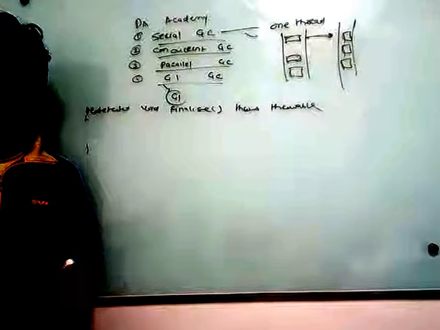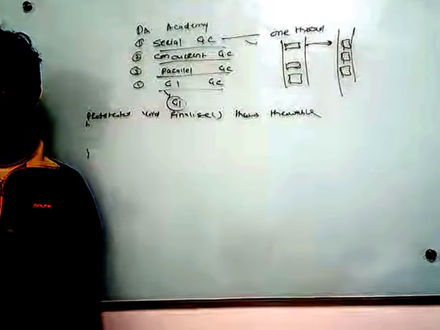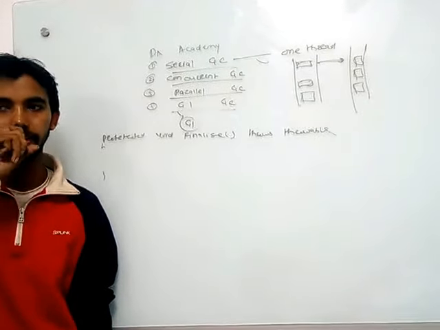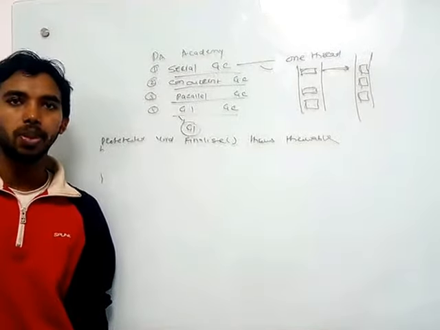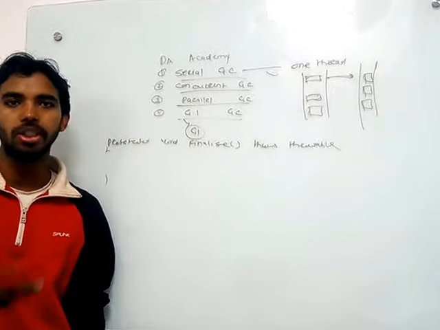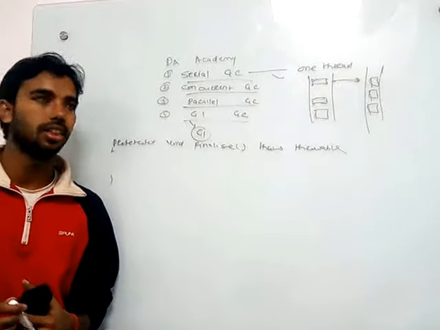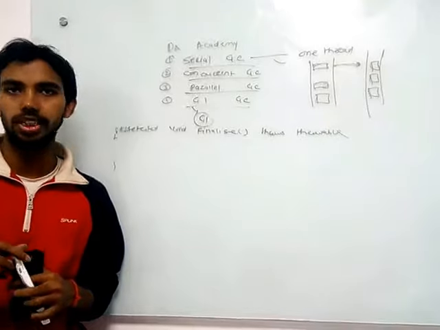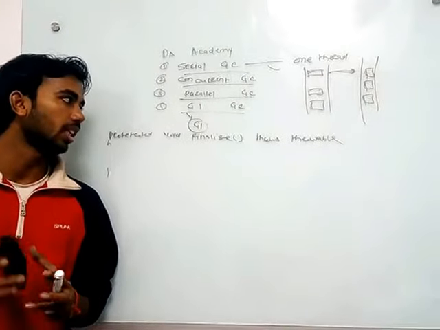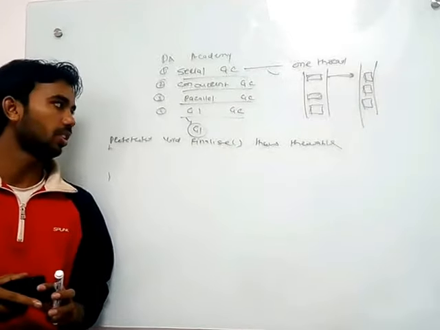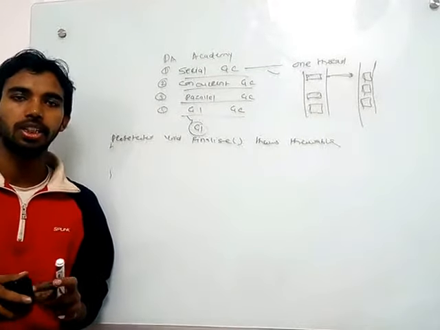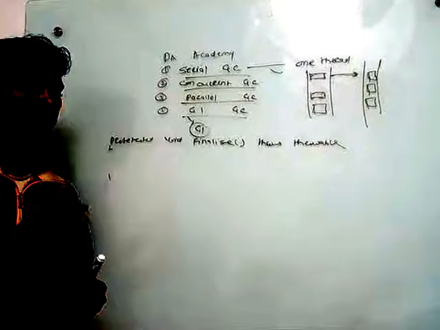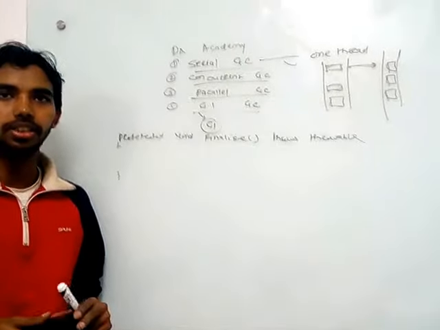Before our objects get garbage collected, we call the finalize method. In the finalize method, if you want to do some operation before that object is collected by the garbage collector, we do it in finalize. One tricky thing is that finalize can be called only once on that object. If garbage collection runs a second time and the finalize method was already called on that object, it will not be called again. This is the process that happens in garbage collection in Java.